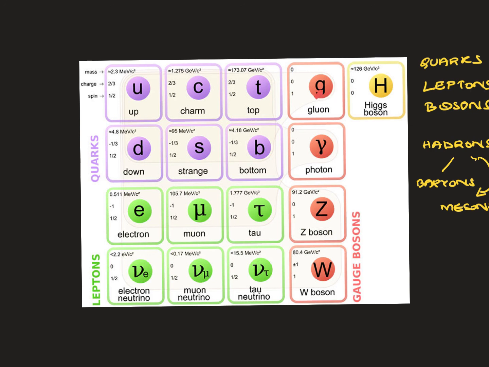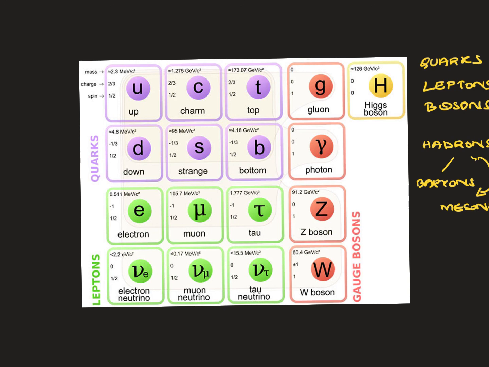The gluon is responsible for the strong nuclear force and photon for electromagnetic force. Z boson and W boson are responsible for the weak nuclear force. And Higgs boson is the one that scientists discovered in 2012, although it was predicted by scientists long before that. And they found that this particle is responsible for mass. So this is a scalar one, and these are the vector ones.